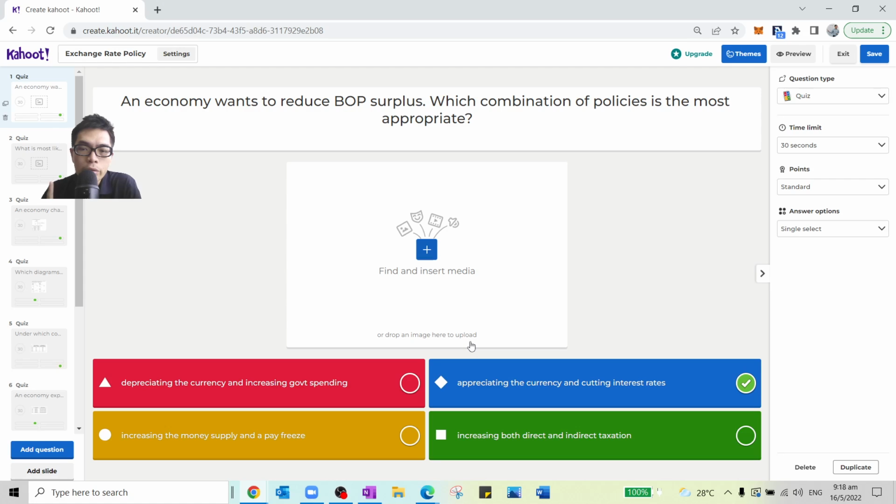Likewise, cutting of interest rate is a form of expenditure reducing policy, especially for my H2 students. Pay attention to how these two work. Cutting of interest rates results in an increase in your AD and real national income. This is expansionary monetary policy, and an expansionary monetary policy will result in a higher demand for imports, assuming that import is a normal good.